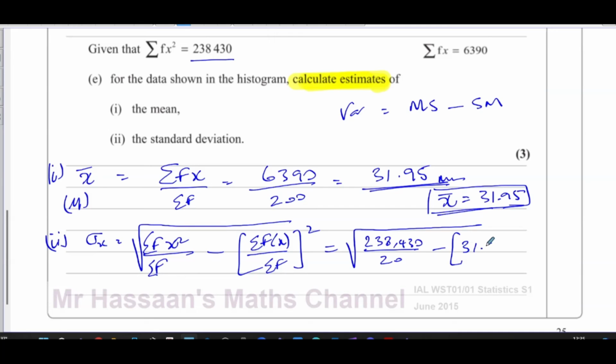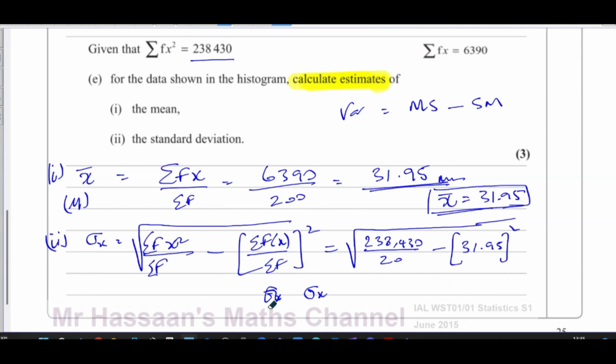I can use this exact value here because it wasn't something I rounded. Otherwise, I would use the fraction. Because I didn't round it, I can use it like that. That will give us our answer for the standard deviation, sigma x. I'm not very good at writing the standard deviation symbol anyway.